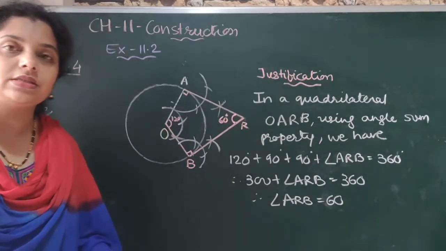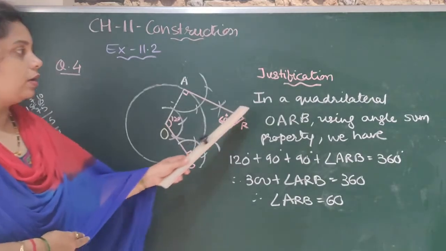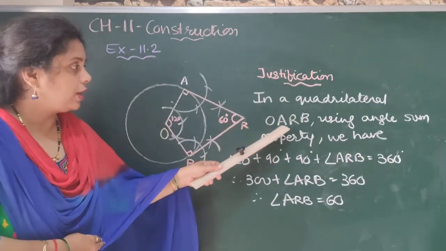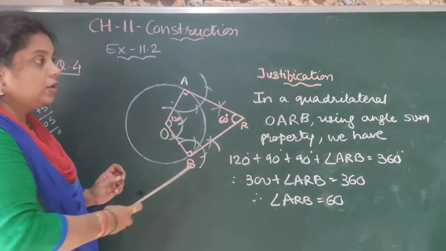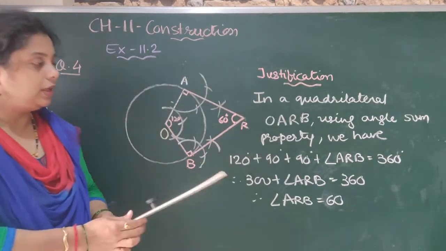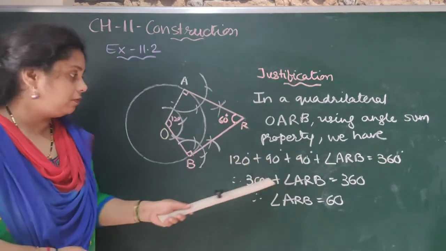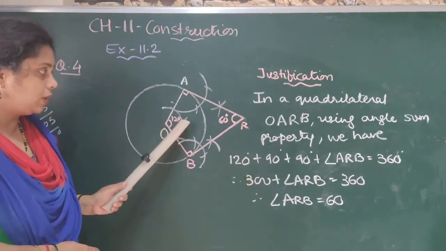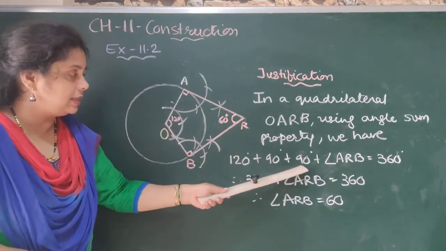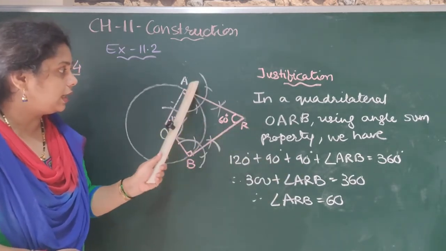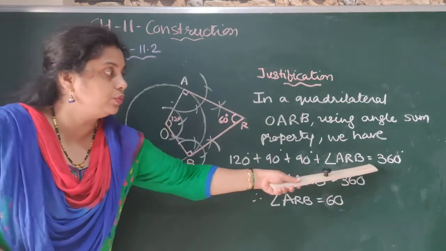Let's see the justification in quadrilateral OARB. Using the angle sum property, we have angle O which is 120, angle A 90, angle B 90, and angle ARB, equal to 360.